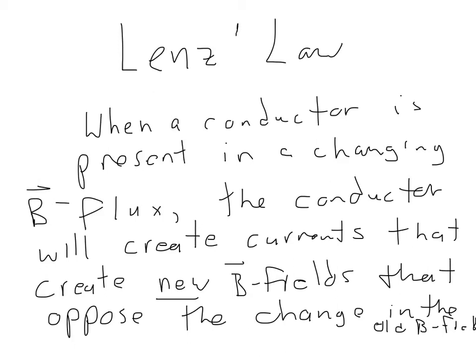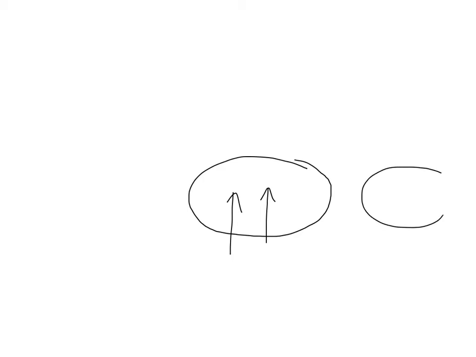All right, so let me give you an example. Let's say we have a coil of wire like this, and a magnetic field that is slowly getting stronger. At first it's weak, so it's a little one, and then a little while later it gets stronger.